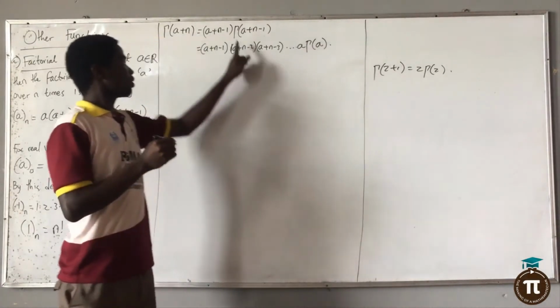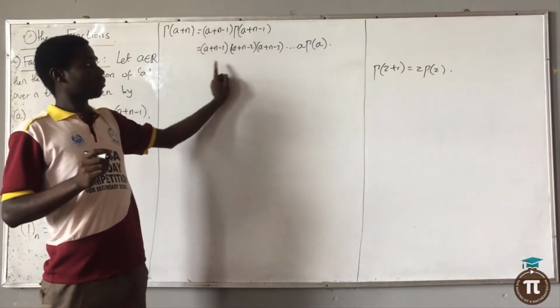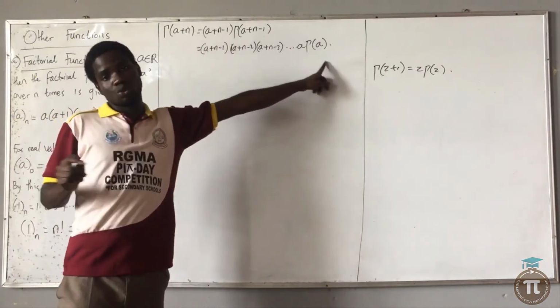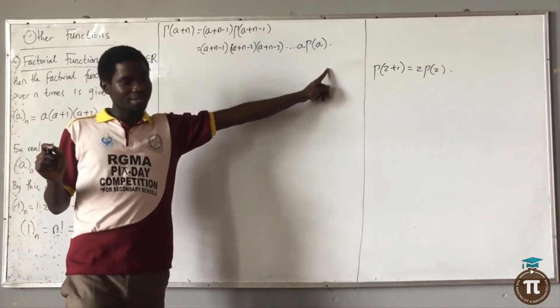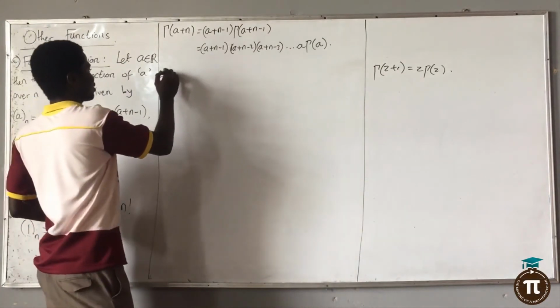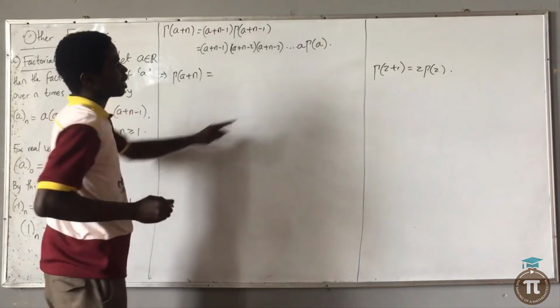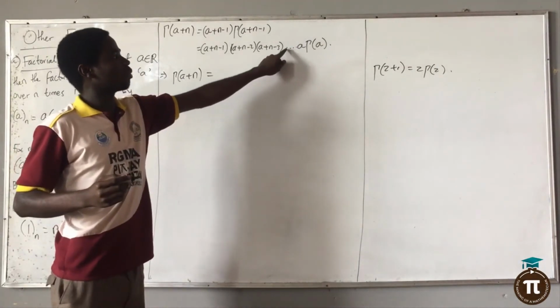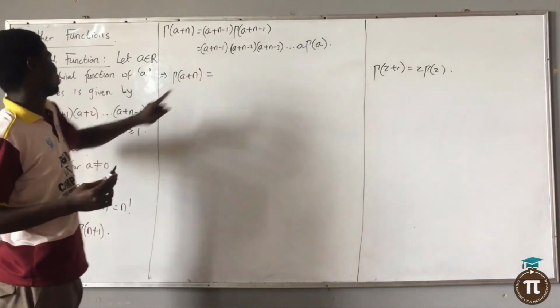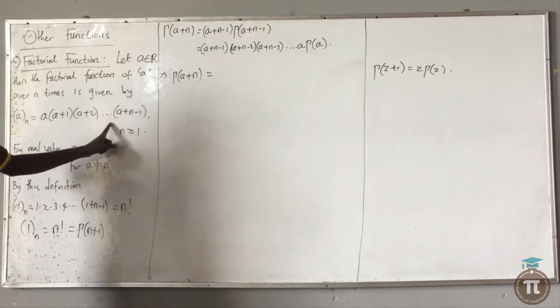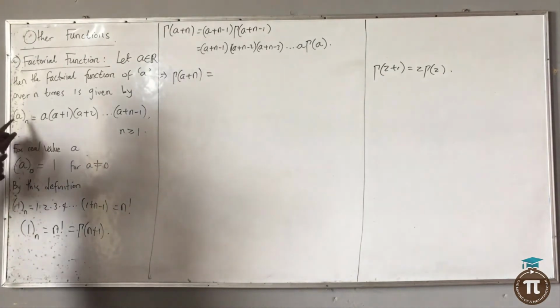When you exhaust all the n here, you come to A gamma of A. So if you look at this very well, gamma of A plus n is equal to A plus 1, A plus 2, until you get to A plus n minus 1, which is the factorial function of A subscript n.